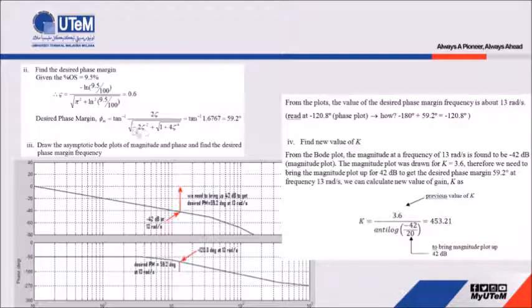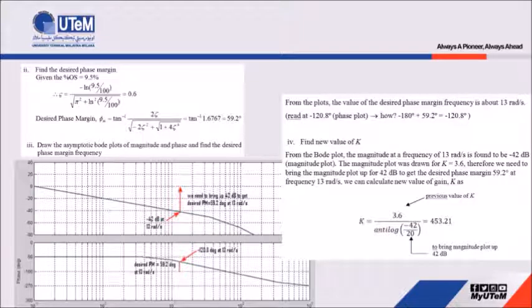First we have to find zeta, which can be found using this formula, the same formula we discussed in the previous time domain technique. Based on the percentage of overshoot, we put it into this formula and get zeta equal to 0.6. Putting this value into the equation, the desired phase margin is 59.2 degrees.